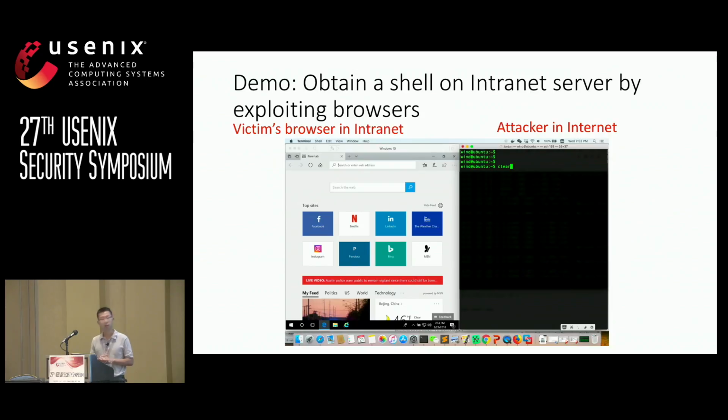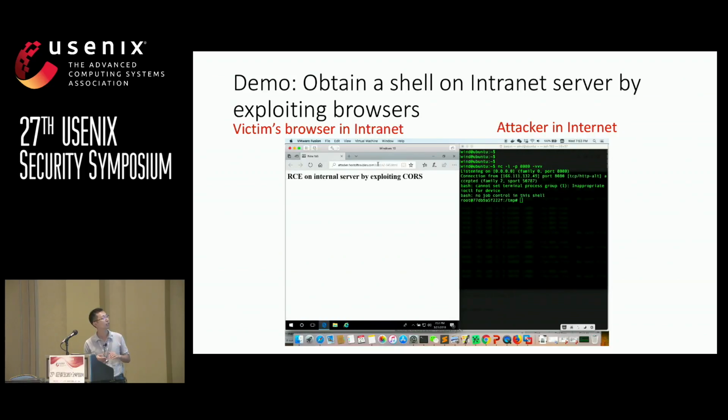Here is a demo video. On the left side is the victim's browser in the Intranet. On the right side is the attacker on the Internet. First, the attacker listens on the Internet server, and the Intranet victim visits a malicious page, and the attacker has obtained a shell on the Intranet server.